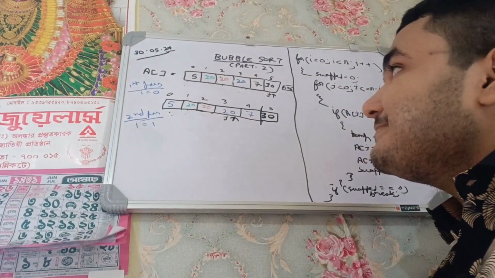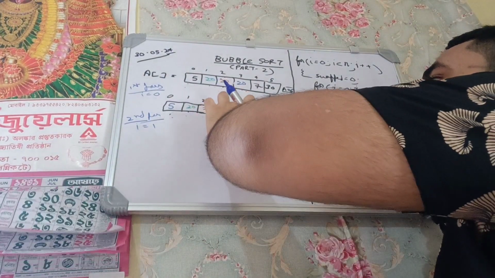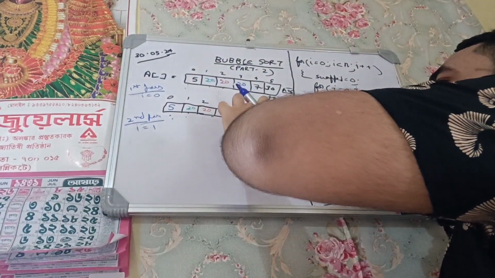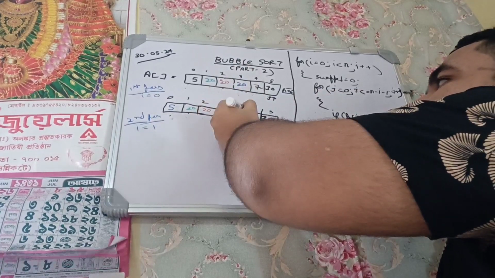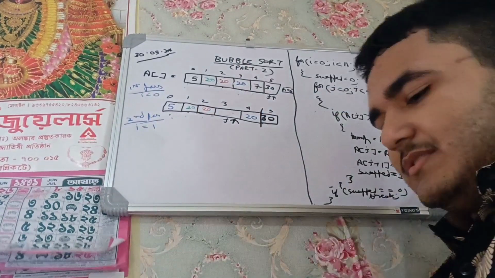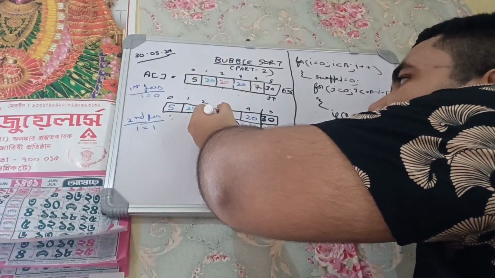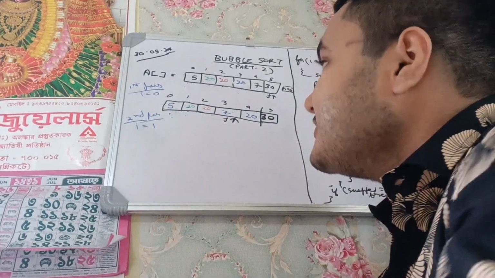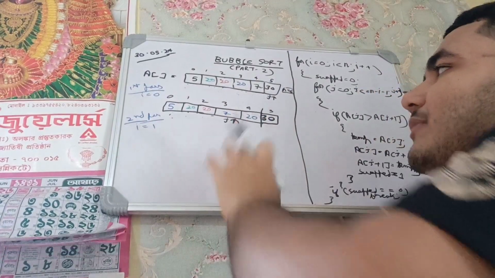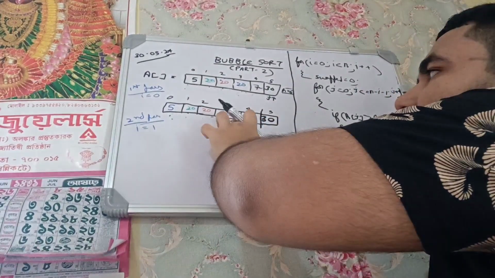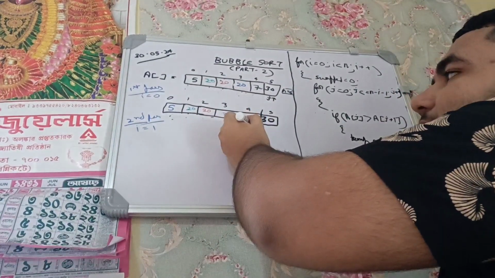So let me erase this. 20 comes after 7. Okay, now j moves here.